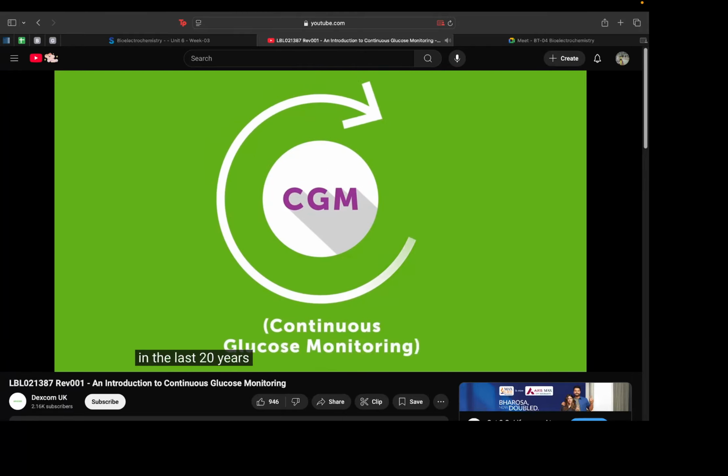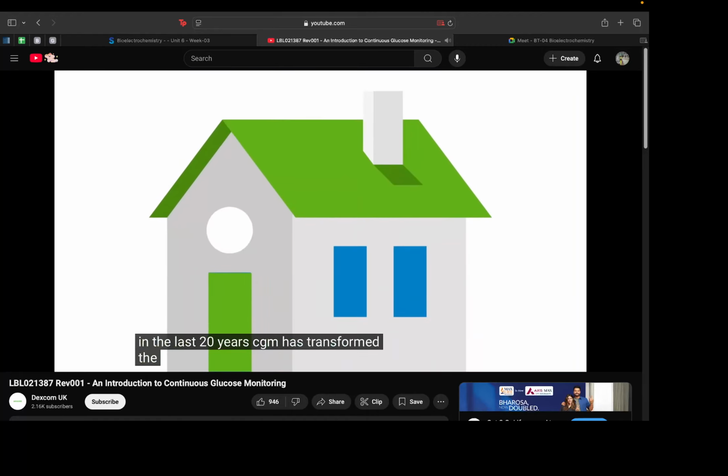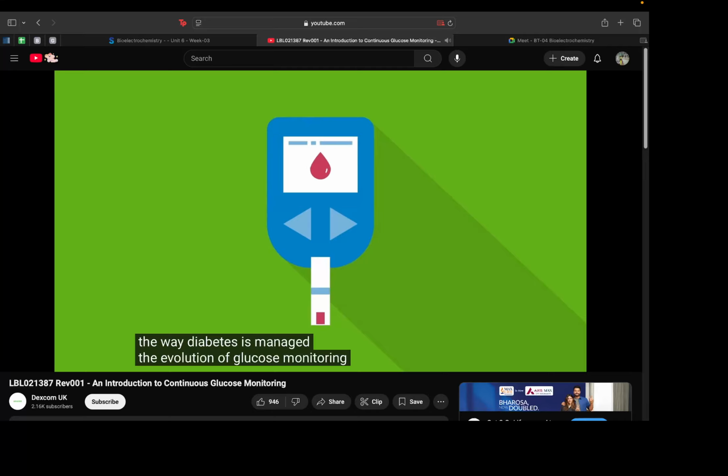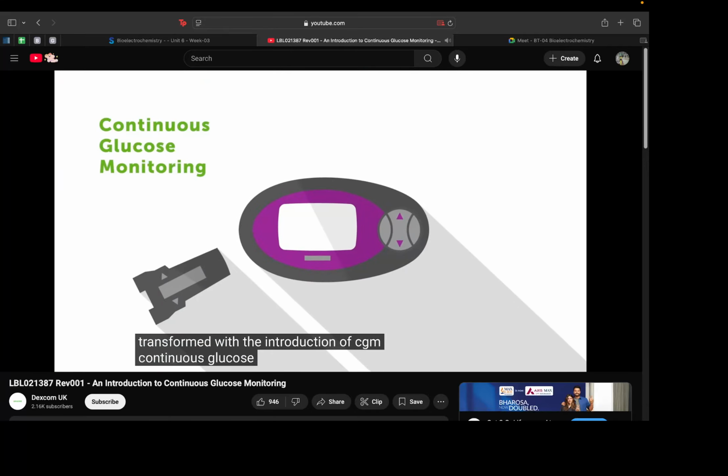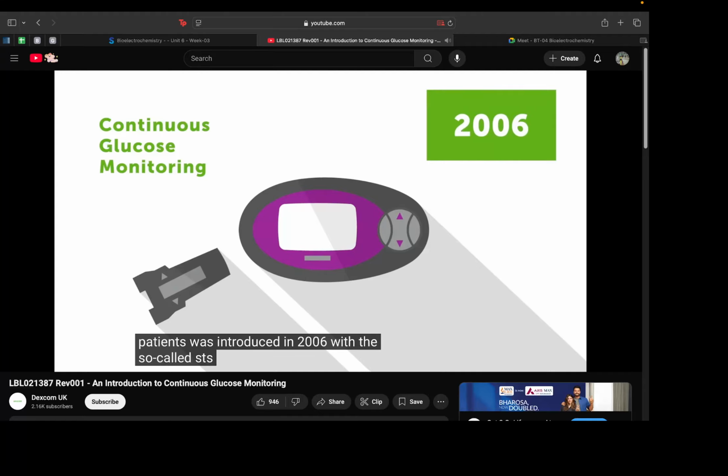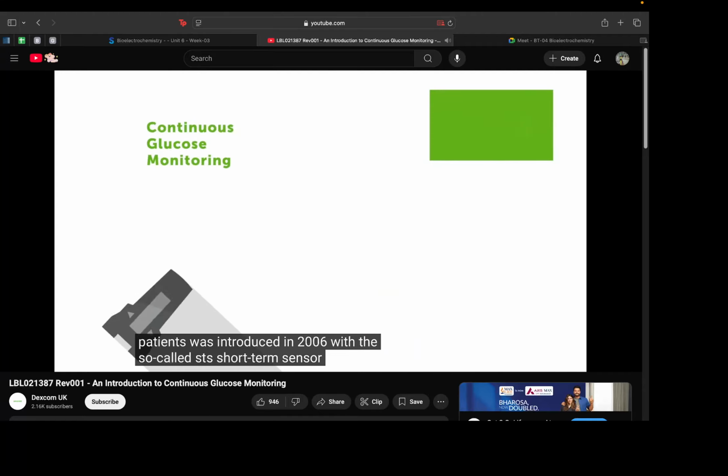In the last 20 years, CGM has transformed the way diabetes is managed. The evolution of glucose monitoring was transformed with the introduction of CGM, continuous glucose monitoring. At Dexcom, the first real-time CGM for patients was introduced in 2006 with the so-called STS, short-term sensor.